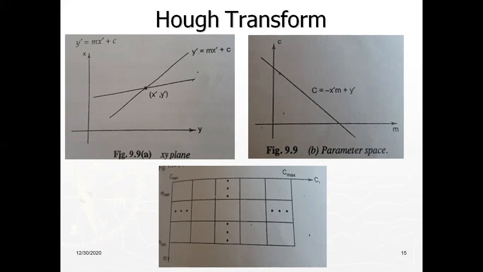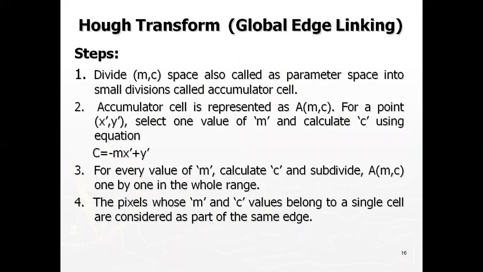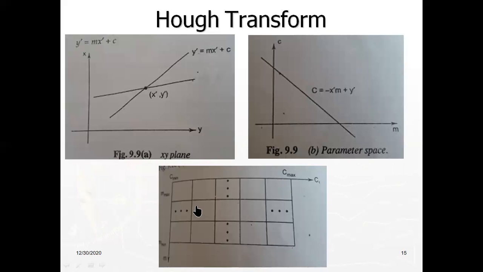We have an algorithm. We discuss the algorithm employed by Hough transform. The steps in the Hough transform algorithm are: first, we divide the MC space, also called the parameter space, into small divisions which are called accumulator cells.